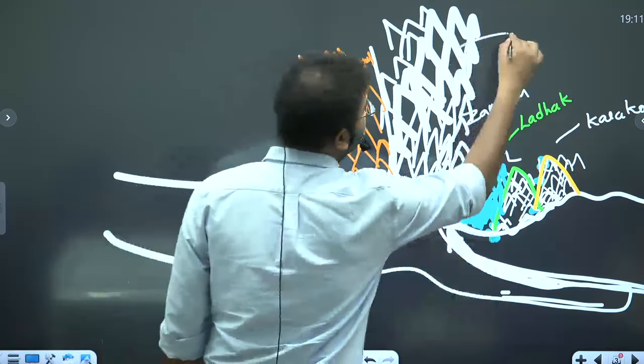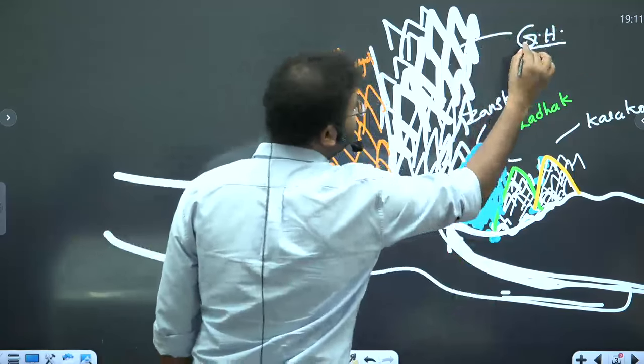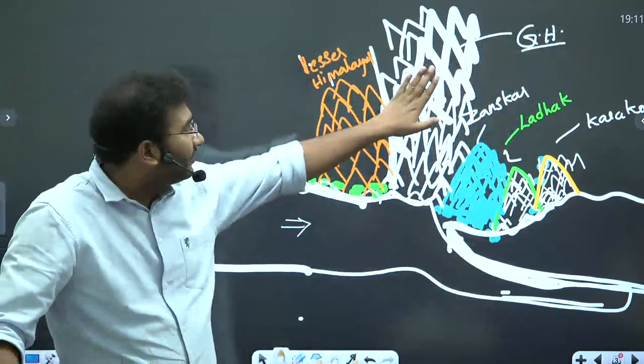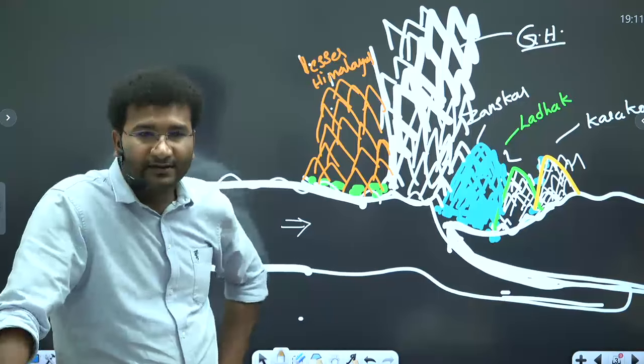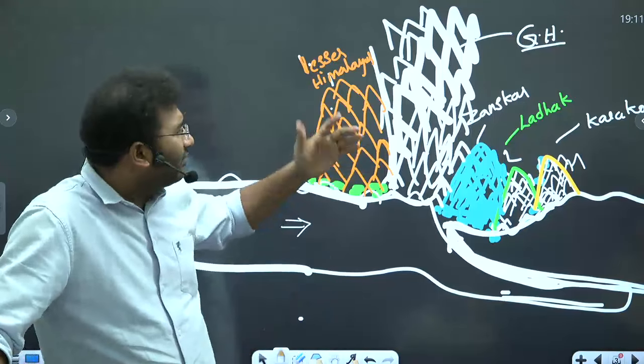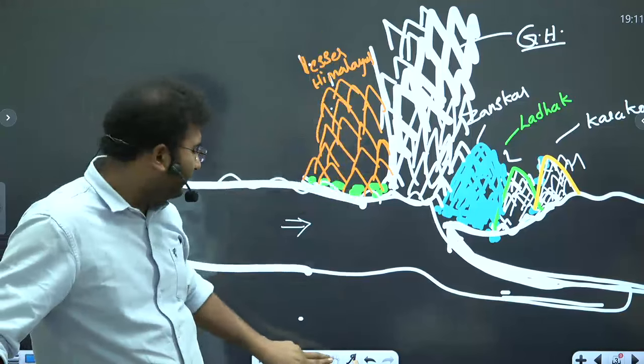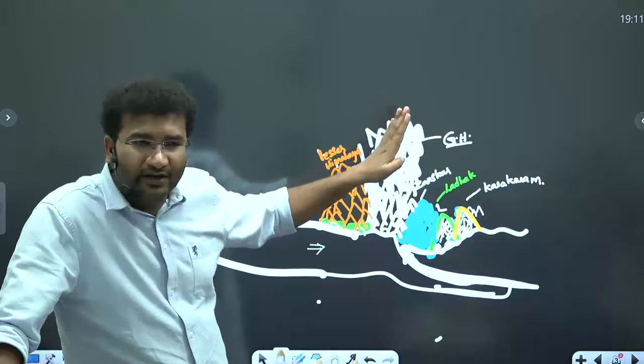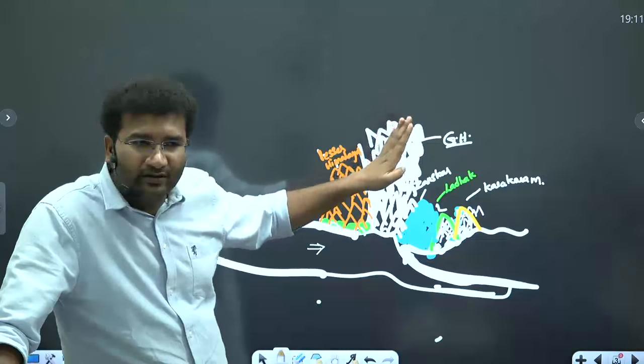And these are greater Himalayas. There is actually a boundary between greater Himalayas and lesser Himalayas. It's not that if the lesser Himalayas are uplifting, the greater Himalayas have stopped their height. No. The greater Himalayas are also getting folded again. They are again increasing their height. It is like this.